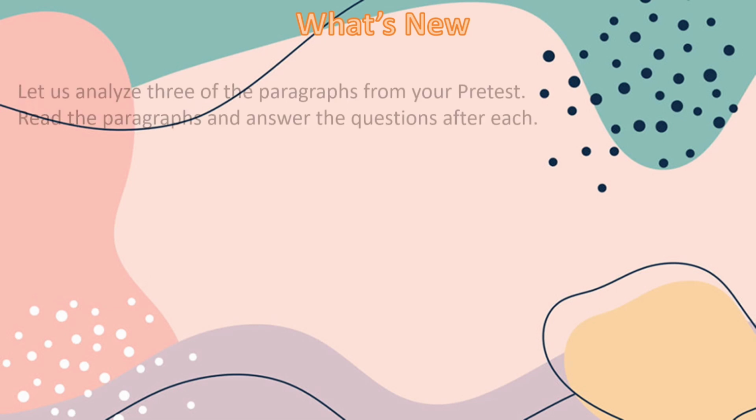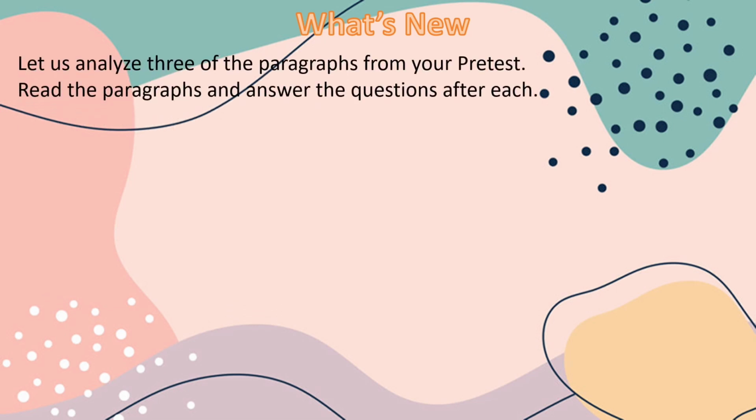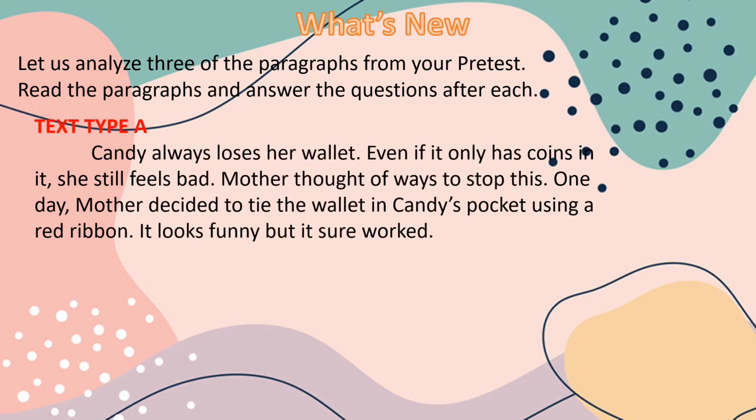What's new? Let us analyze 3 of the paragraphs from your Pretest or from your What I Know. Read the paragraphs and answer the questions after each. Text type A. Candy always loses her wallet.